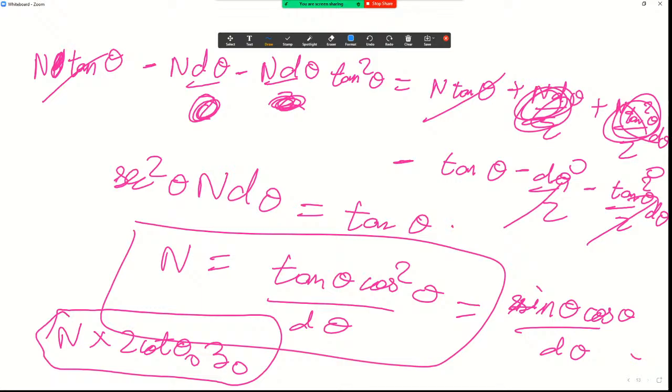So we can write final expression as cos theta by sin theta cos square theta, 2 times z naught by d theta equals to x max.